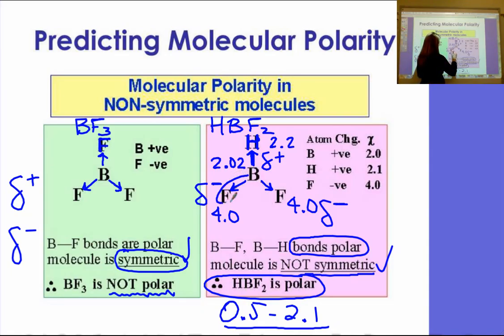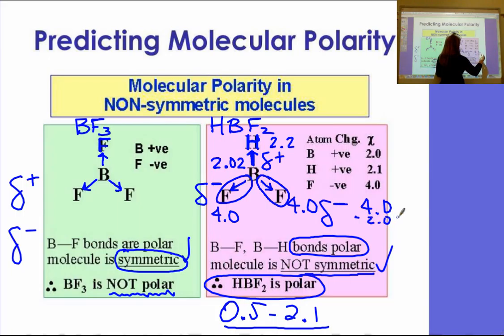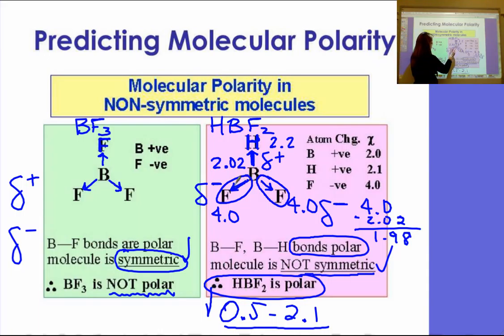However, this bond right here between boron and fluorine and this bond right here, 4.0 minus 2.02 is 1.98. 1.98 does fall in the polar range. So it has this bond that's polar and this bond is polar. As long as you have one and you're asymmetrical, we can say that that molecule is overall a polar molecule.